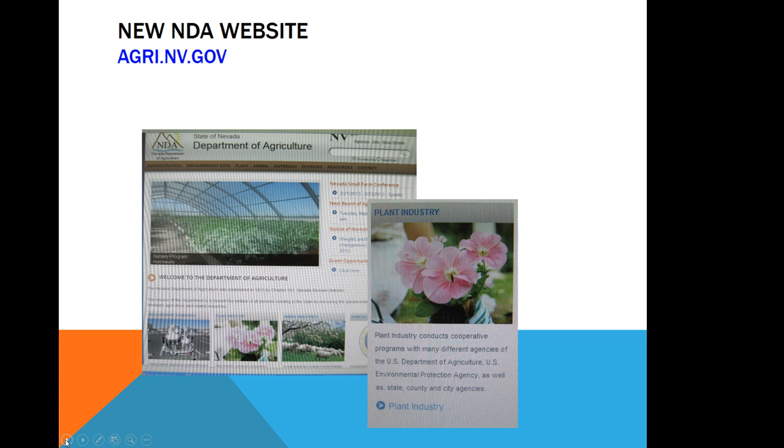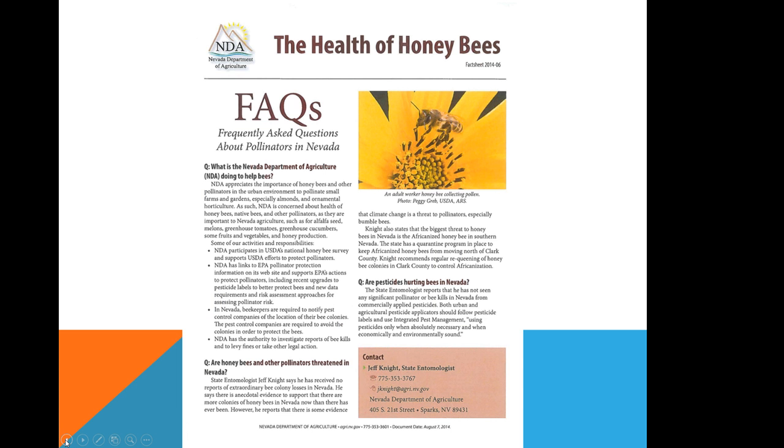Persons interested in finding information about pollinator protection can visit the department's website at www.agri.nv.gov. Pollinator information can be found on the department's entomology webpage. A sample of information that you will find on the site includes a fact sheet on pollinator health.